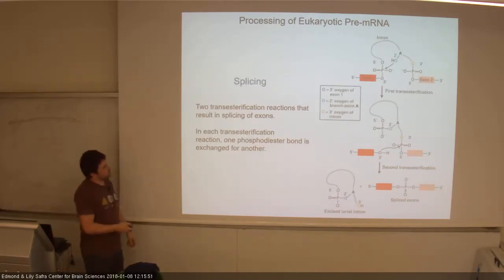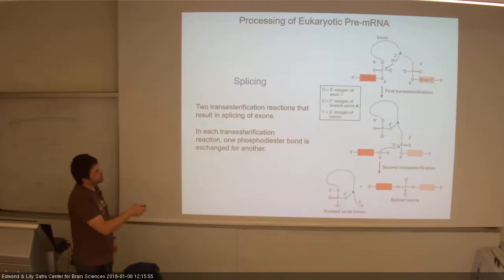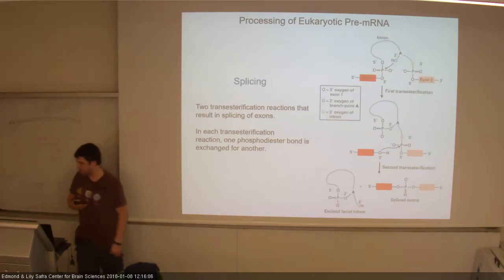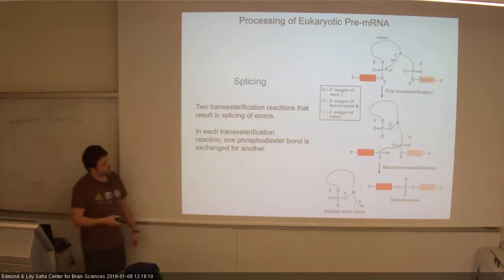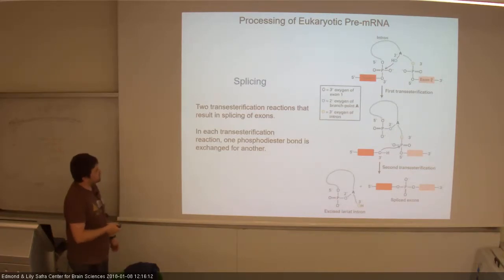This reaction, the breaking of this bond and the creation of a new phosphodiester bond, is called transesterification. And for sure, by now you remember that the bond that holds nucleotides in DNA or RNA molecules is called a phosphodiester bond. So the reaction in which one phosphodiester bond is switched for another is called transesterification.